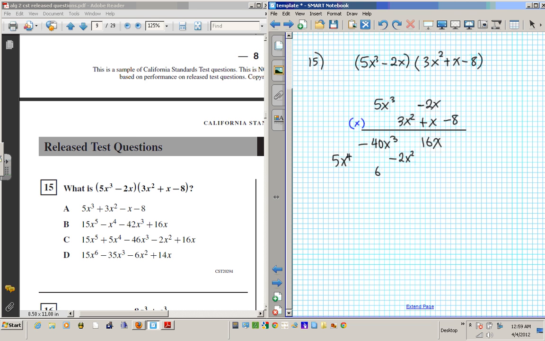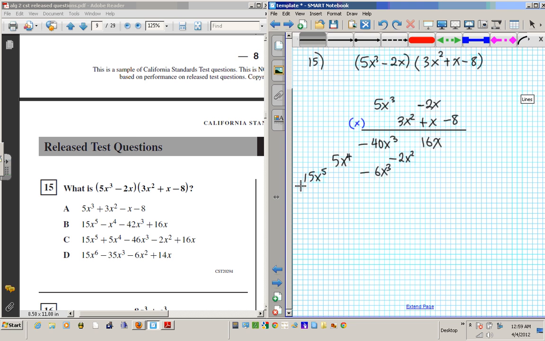This is the cube column. Then 3x squared times 5x to the third is going to be 15x to the fifth. Remember, anytime you're multiplying, you add the exponents, so 3 plus 2 is 5.